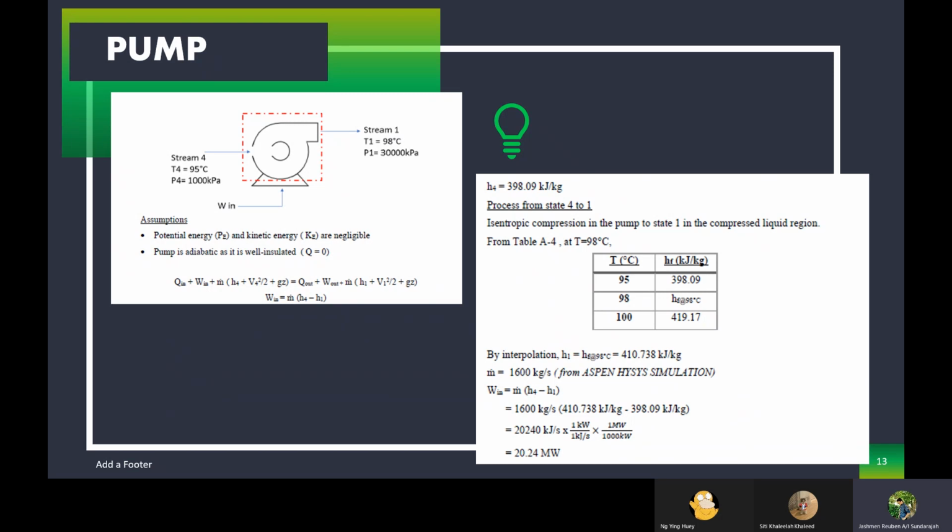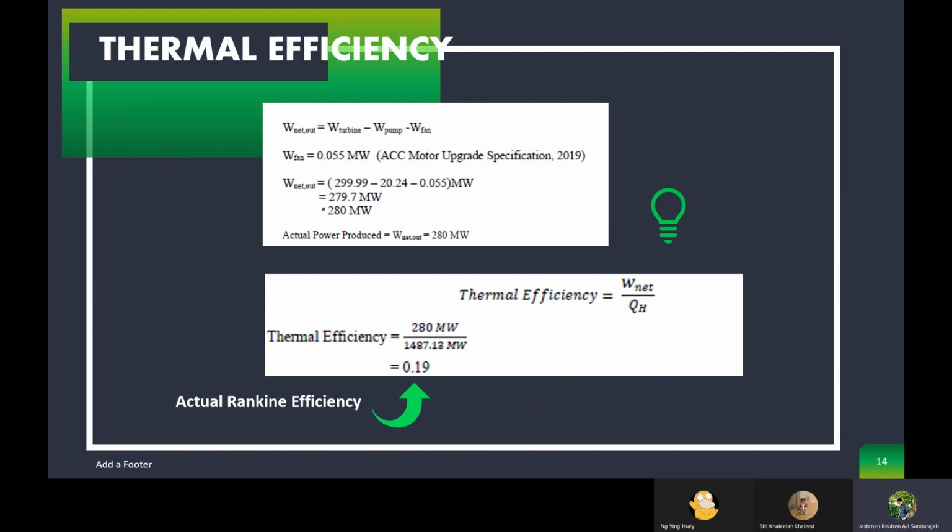By calculating the enthalpy of the inlet and outlet stream of the pump, we managed to prove with the manual calculation the work input of the pump is 20.24 megawatts, which is the same as the value from the Aspen HYSYS.